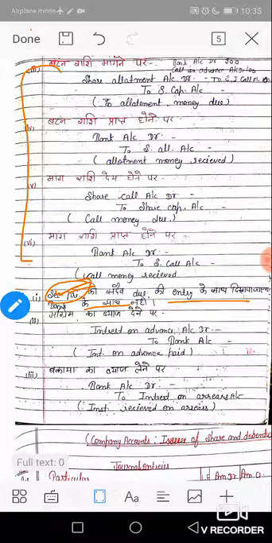But in the lack of information, if there is no information on when the security premium is deposited, we make the security premium entry with allotment. So this is the first concept: security premium is shown according to the information, or in the lack of information it is shown with the allotment entry.